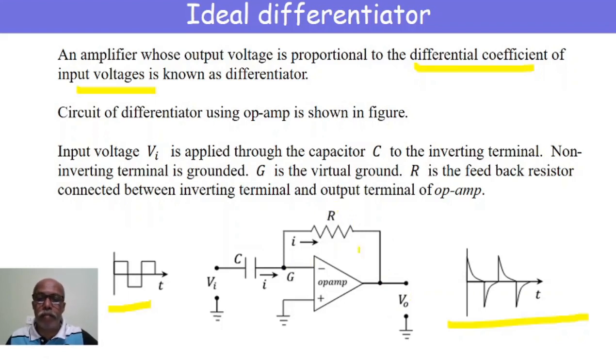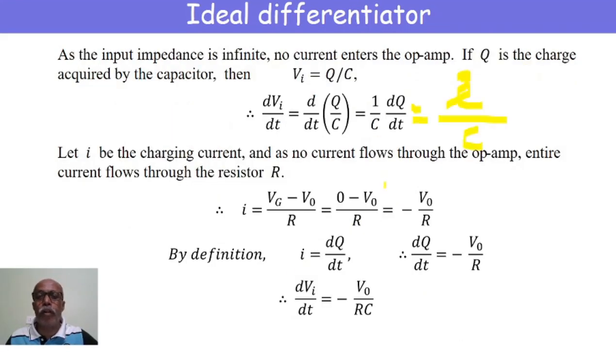Since Vg equals 0, since it is the virtual ground, it becomes I equals minus V0 by R. Therefore, I is equal to dQ by dt by definition, and dQ by dt is equal to minus V0 by R. Therefore, dVi by dt equals minus V0 by RC.